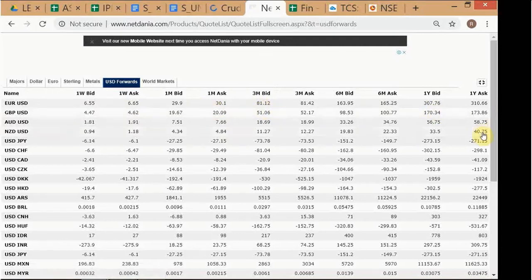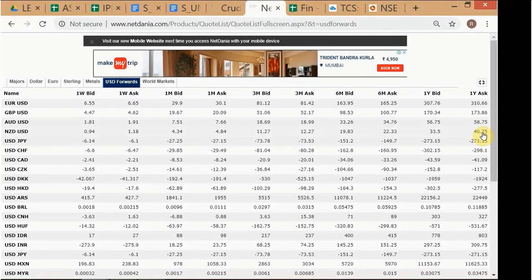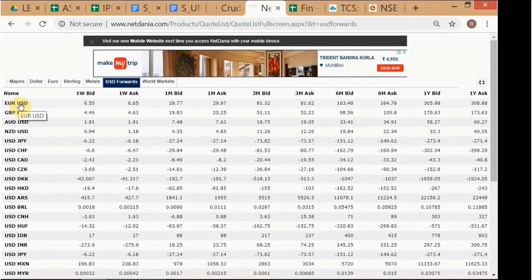Like I said, whenever you trade, maturity means the same as the settlement date. So every time you change the settlement date, the price will change. As you can see here, the same market, if you freeze the market, you look at the euro, the price for 1 week, 1 month, 3 months, they're all different.